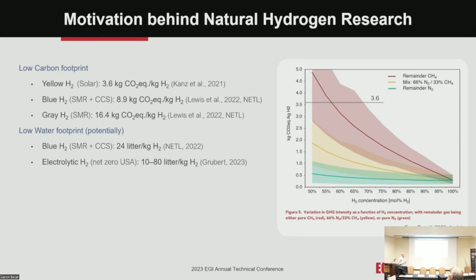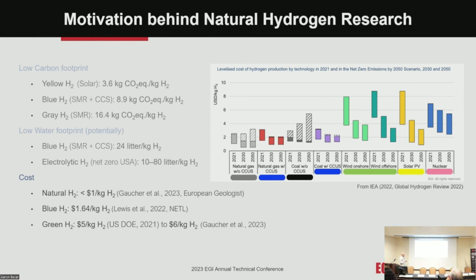We don't need to split water to produce hydrogen. And I think this is something that EGI can work on. Okay, and there are other reasons. For example, for the production of natural hydrogen, you don't need a lot of electricity. We still use electricity, but not as much as you use for electrolysis.